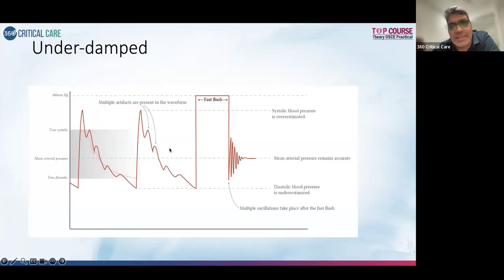This is again an underdamped waveform. As you can see, it takes around 4 to 5 beats before it comes to the usual baseline waveform or mean arterial pressure. Why does it happen? Stiff tubing, stopcocks, and patient factors like tachycardia, high cardiac output, hypothermia, etc. can cause this abnormality.